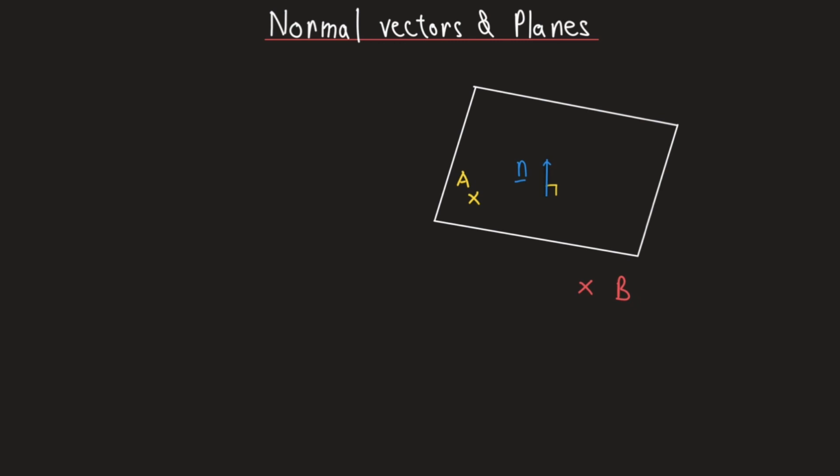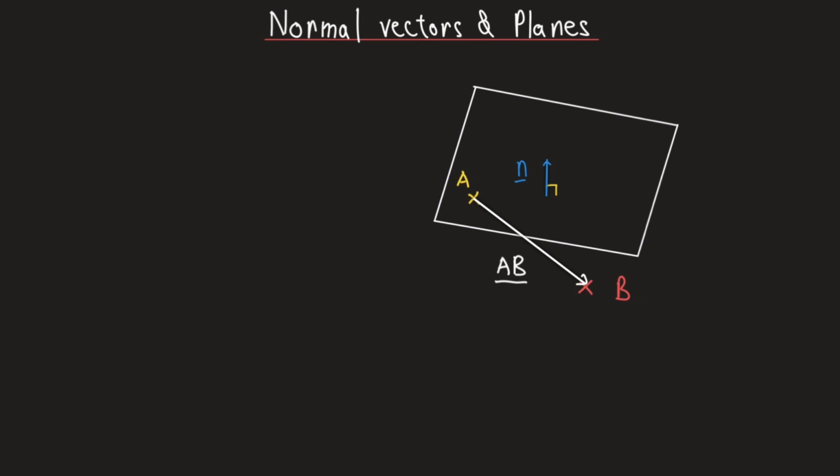Well, we can clearly understand that if we have a vector joining point A and B, and B lies on our plane, then the vector AB has to be perpendicular to our normal vector n. Well, that is loosely speaking, but in mathematical terms, vector AB has to be orthogonal to n.